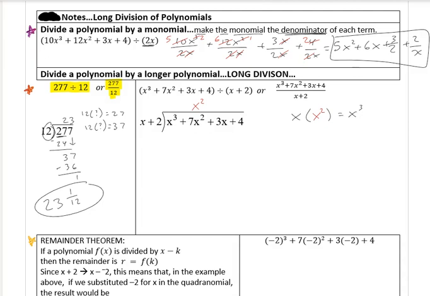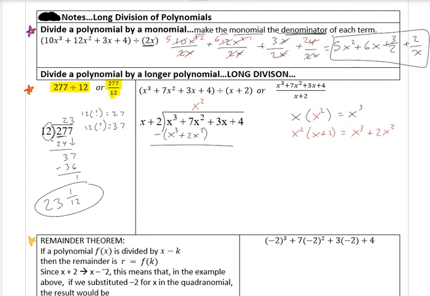So x squared times x plus 2 is x cubed plus 2x squared. So that's what I write here. Minus x cubed plus 2x squared.